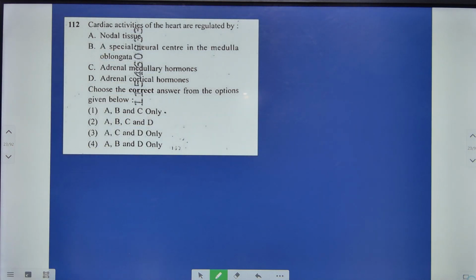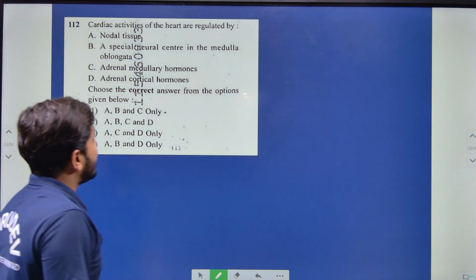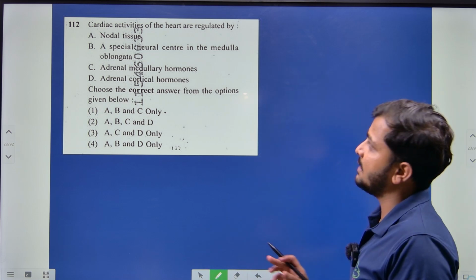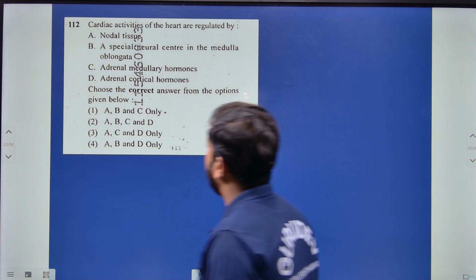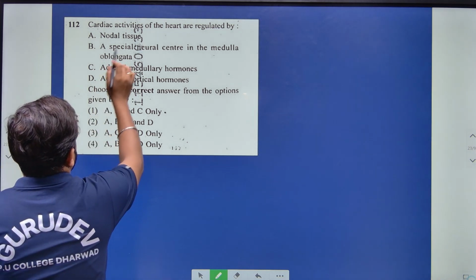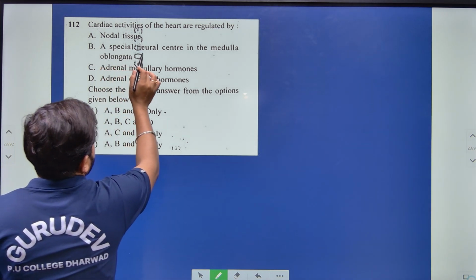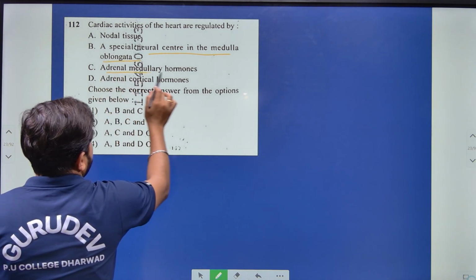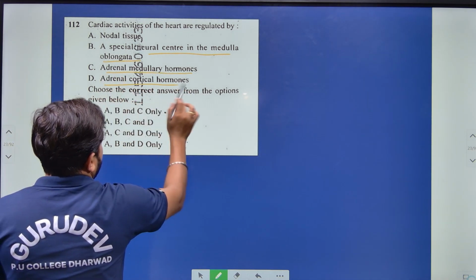Moving on to the next question. Cardiac activity of the heart is regulated by. Here, majorly it is regulated by means of the nodal tissue, a special neural center in the medulla oblongata, adrenal medullary hormones and adrenal cortical hormones.